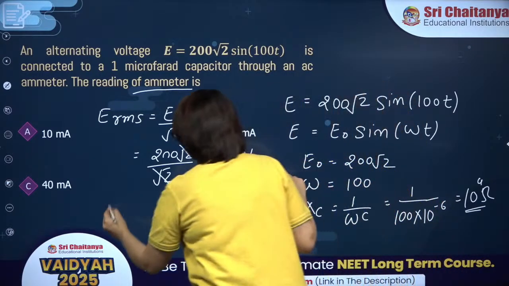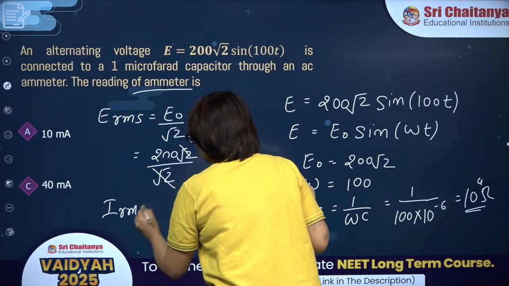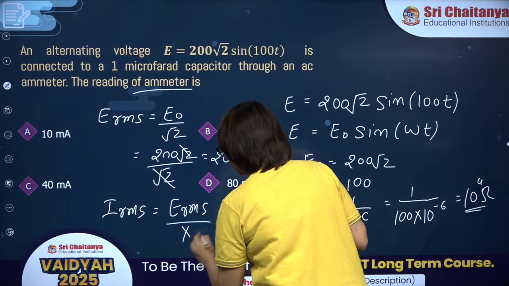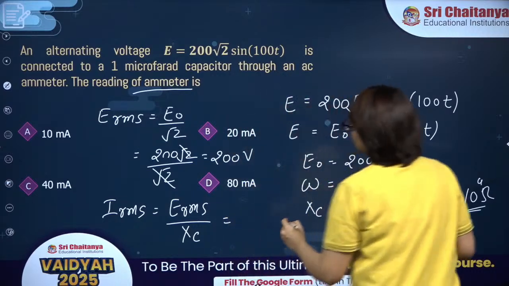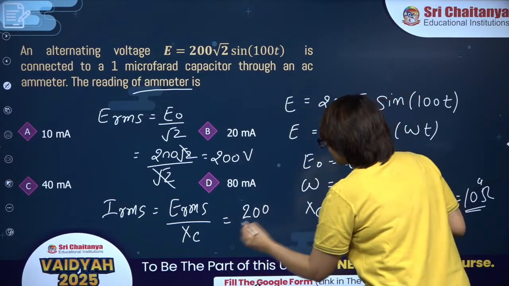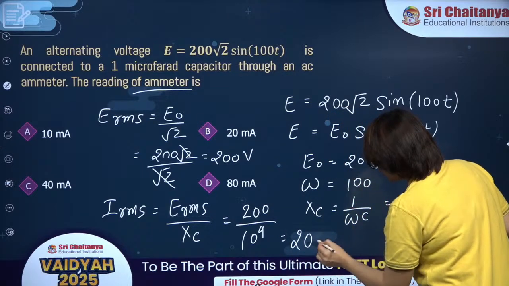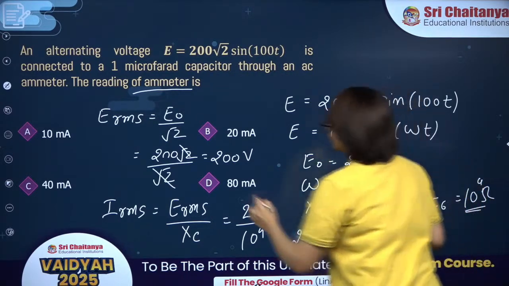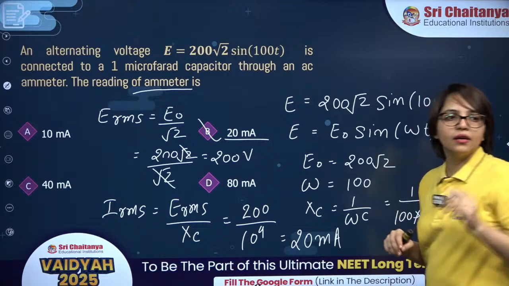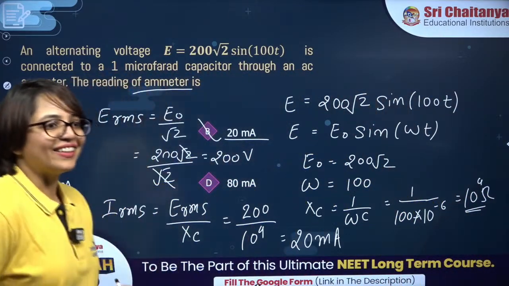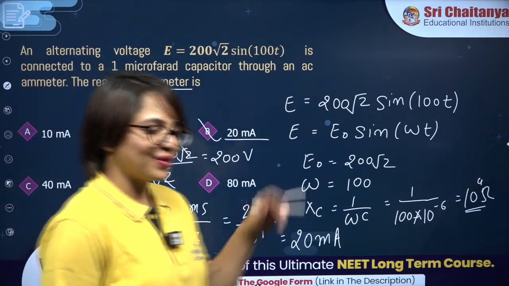Now IRMS will be ERMS divided by XC. So ERMS is 200, XC is 10 to the power 4, so it is 20 milliampere. So correct answer is option B. Option B was correct. You retracted your answer, but it was correct.